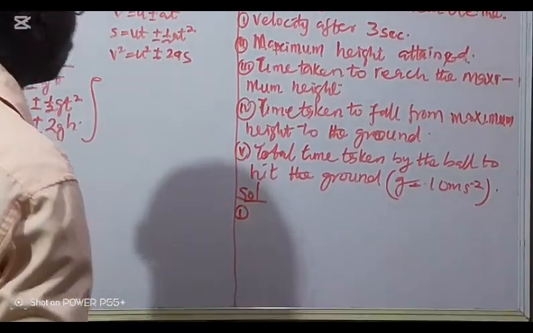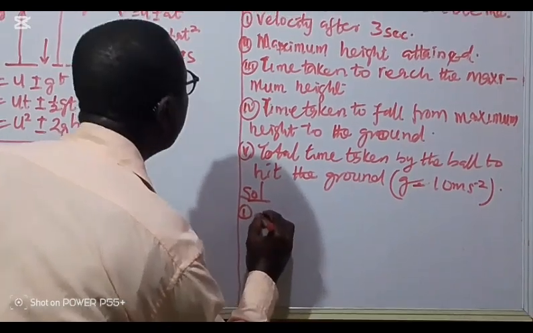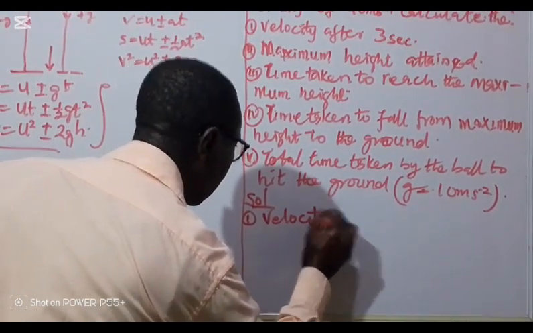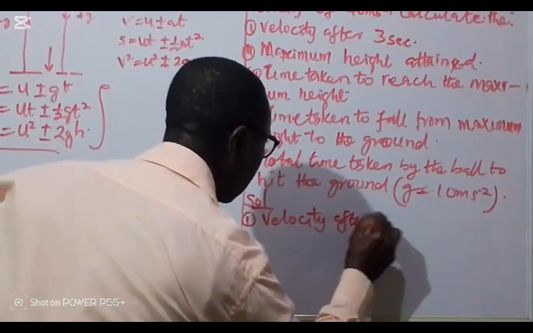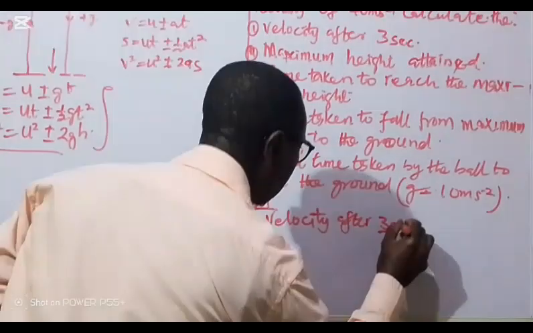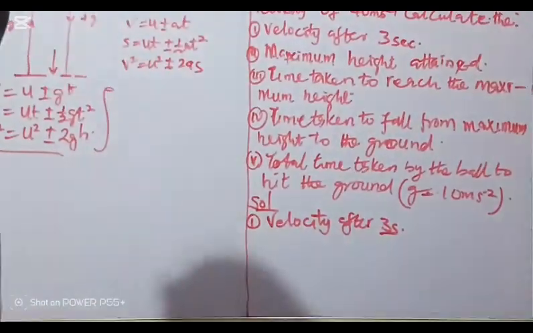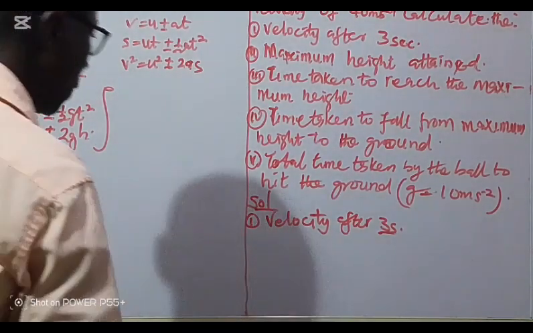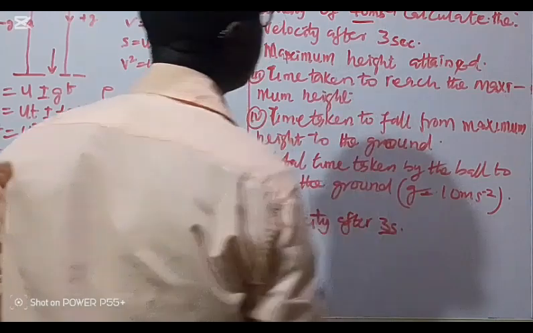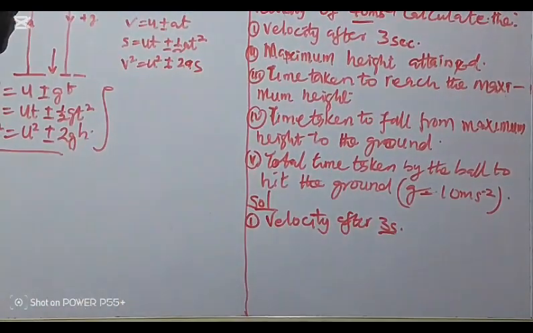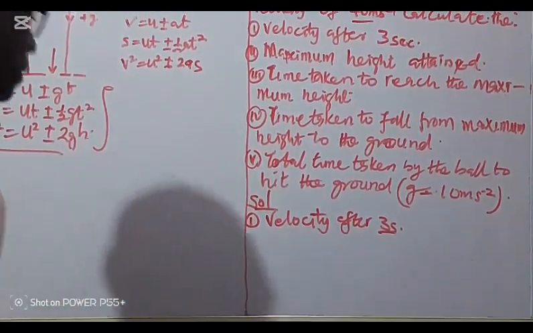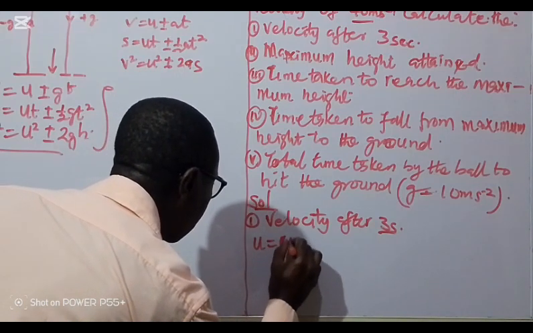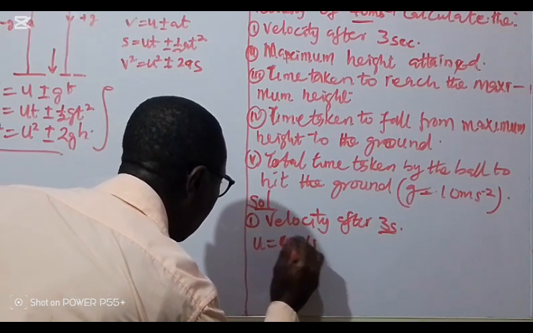Question 1: velocity after 3 seconds. Now, let's write the parameters given in this question. 40 meters per second is the initial velocity, so U is given as 40 meters per second.